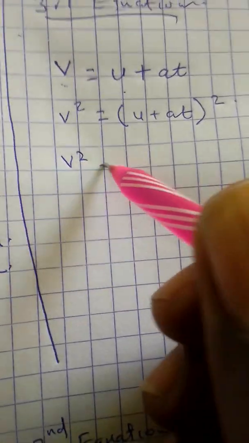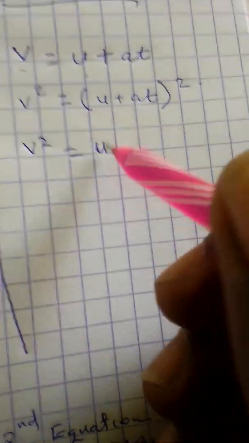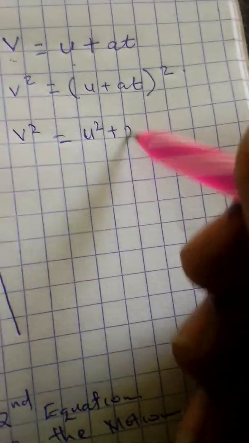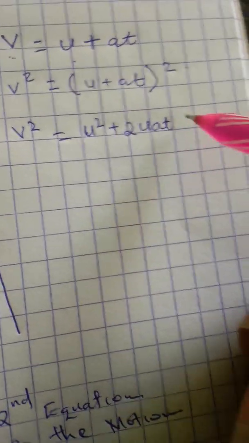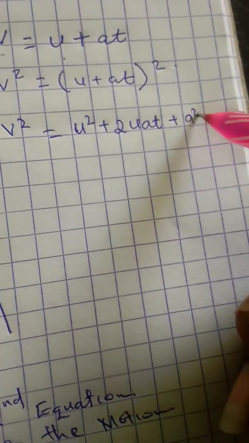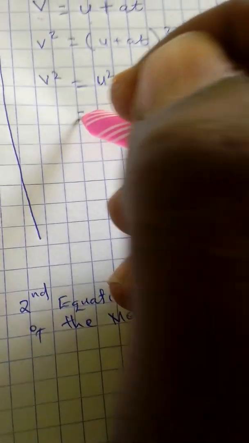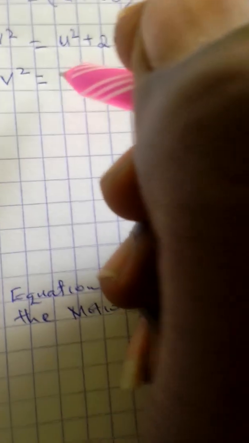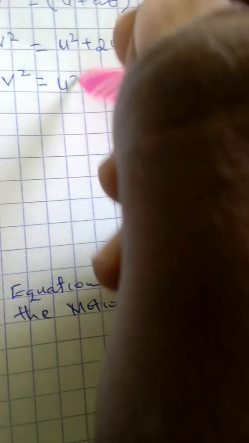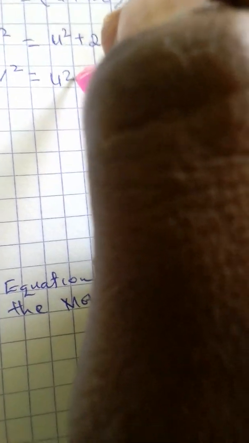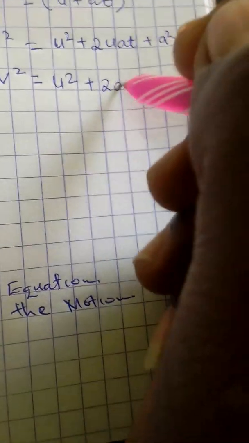You will get v squared is equal to u squared plus 2uat plus a squared t squared, which will come up as v squared is equal to u squared plus 2a.